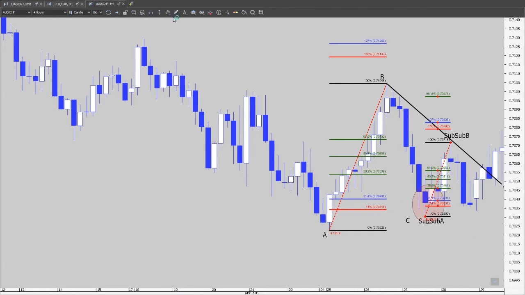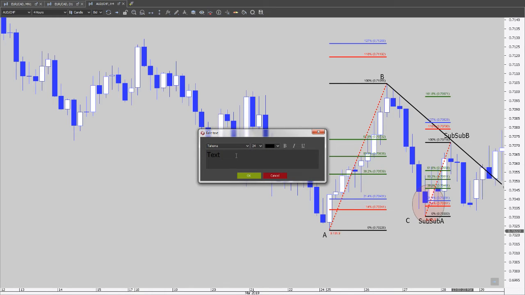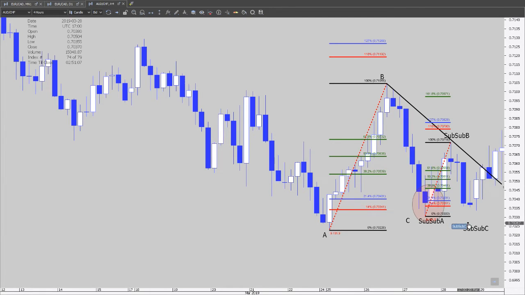So where is the sub C? And what is the sub C? Well, the sub C is the lowest point inside the sub A, sub B boundary after the sub B, before the market hits the appropriate extension.